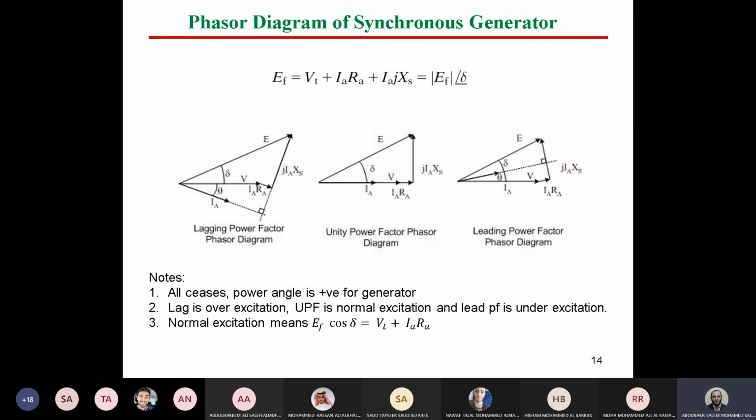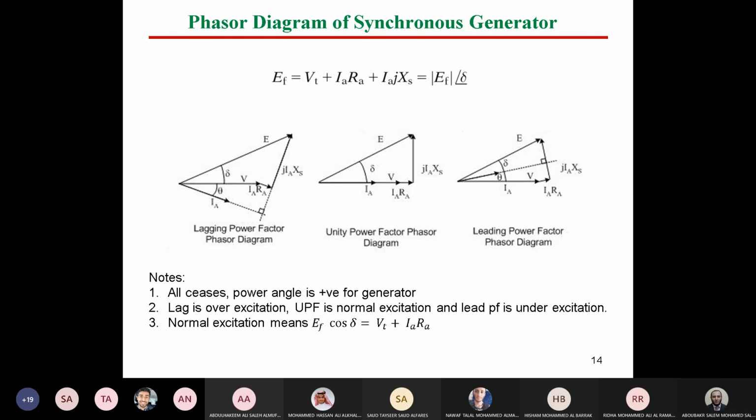So we can represent lagging power factor as over-excitation, because EF is high. For unity power factor, we call it normal excitation. And leading power factor, we call it under-excitation. So we have three different expressions for the excitation of synchronous machines: over-excitation, normal excitation, and under-excitation.